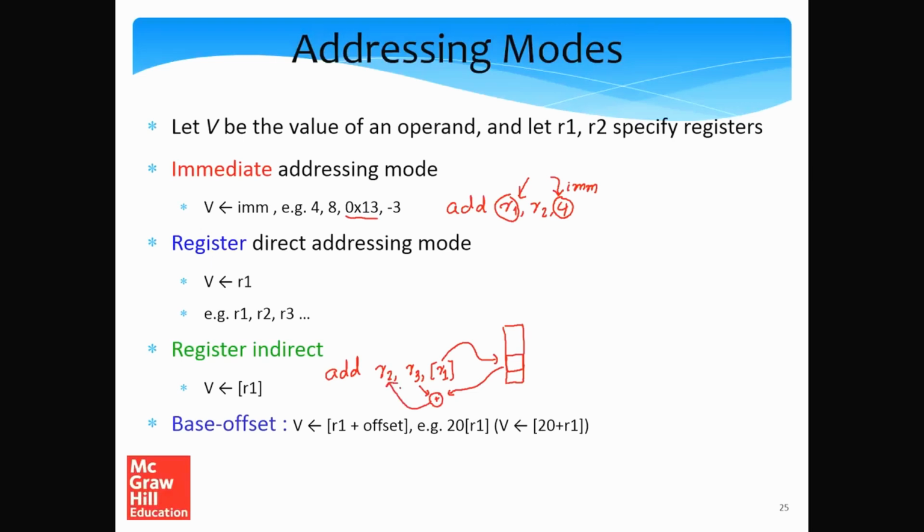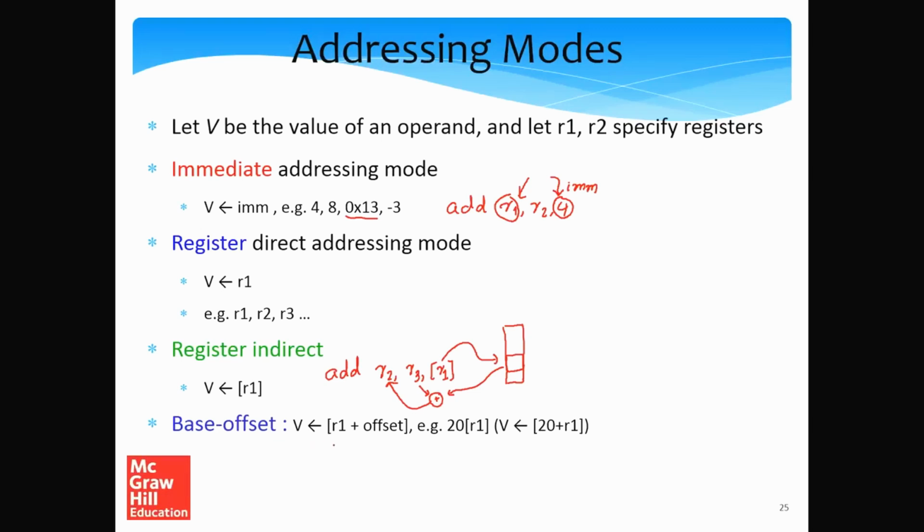This is called the register indirect addressing mode because what the register contains is actually a memory address. The address is sent to the memory, we get contents from the memory and then use it in an instruction. Similarly, we can slightly extend this to create the base offset addressing mode.